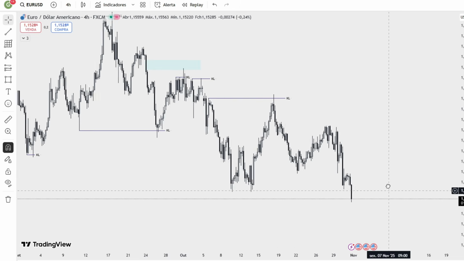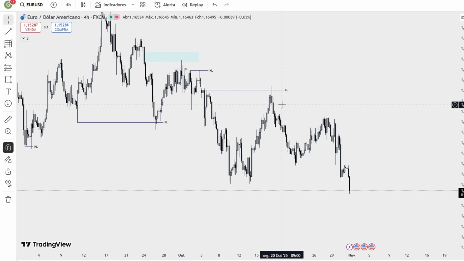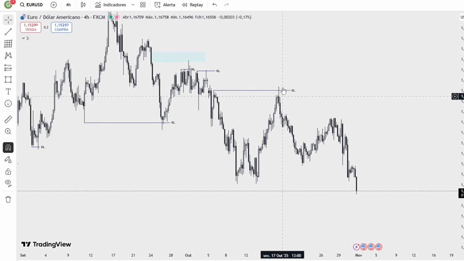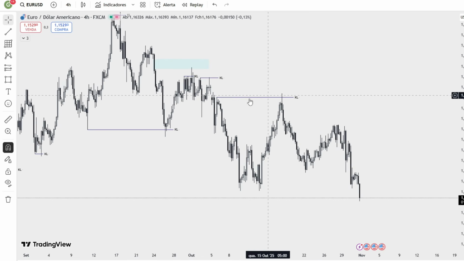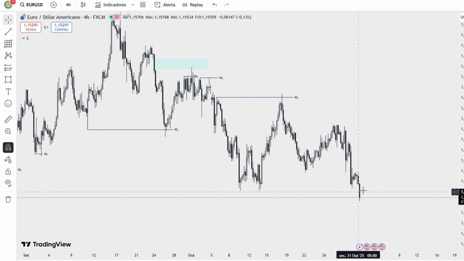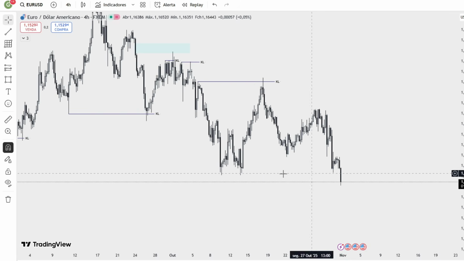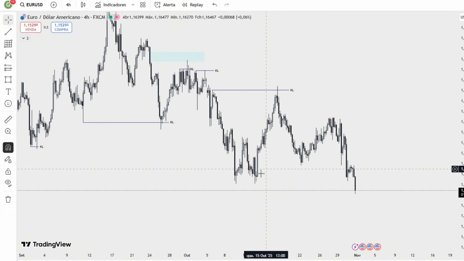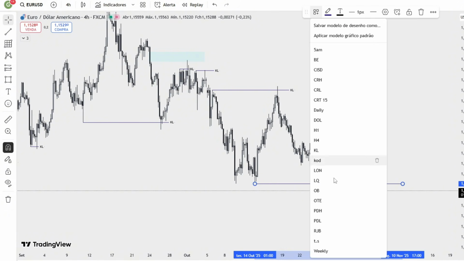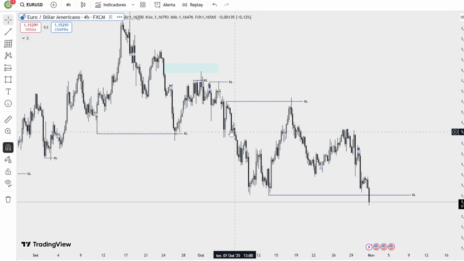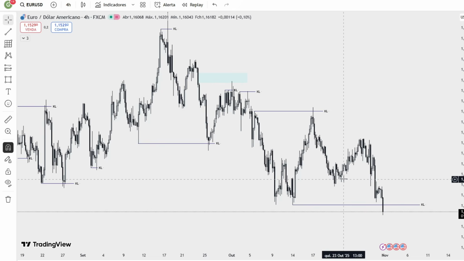So once this key level was purged, this key level has been hit, it most likely comes to the other key level. That's this guy here, this one hit right now, in this moment. So we hit this key level, right? Guys, you need to understand something. We are in a downtrend here.